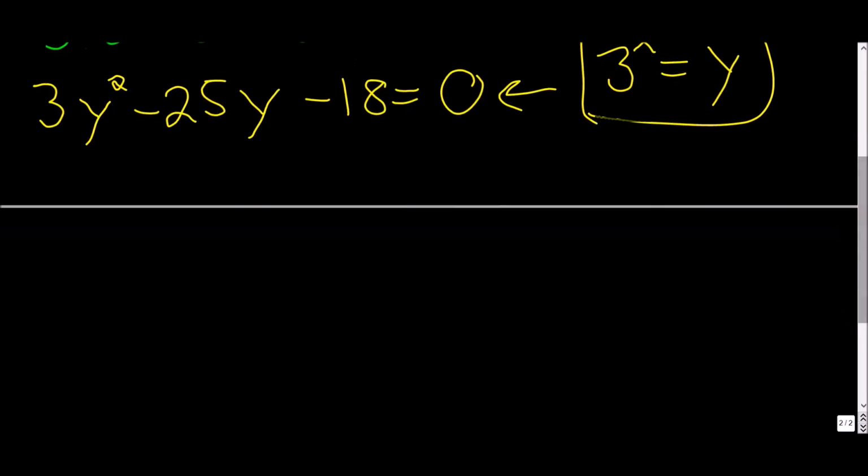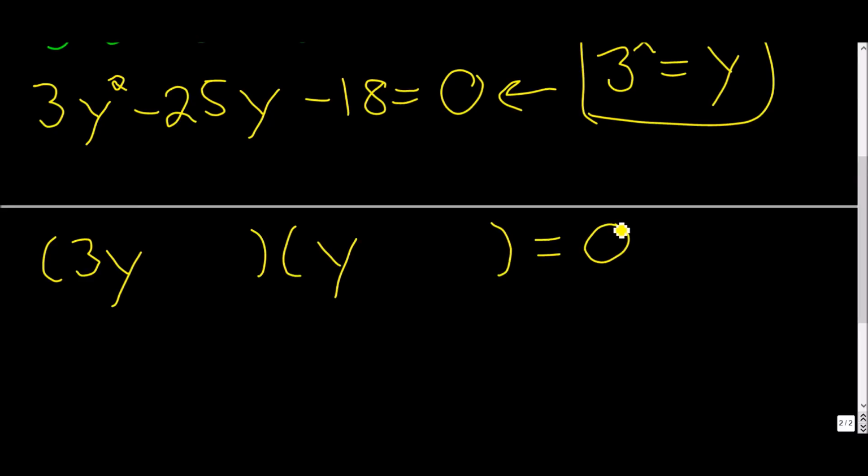If we have 3y squared minus 25y minus 18, we now have a quadratic equation. So we're trying to solve for y. We can try to factor. It doesn't always necessarily work, but we can do it. Let me think.